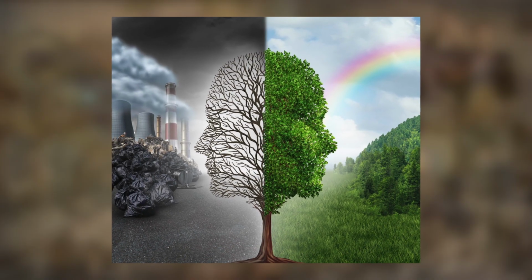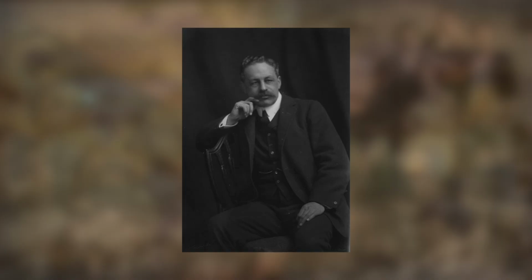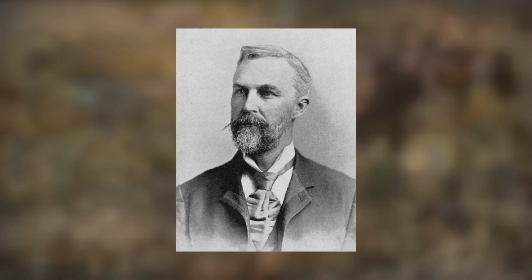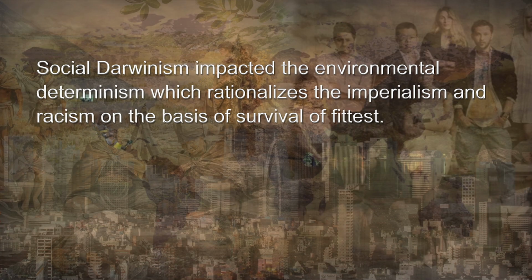The proponents of the environmental determinism school of thought, such as Mackinder, Semple and Huntington, believed in the impact of the natural environment in shaping human beings and their actions and activities. Social Darwinism impacted environmental determinism, which rationalizes imperialism and racism on the basis of survival of the fittest.